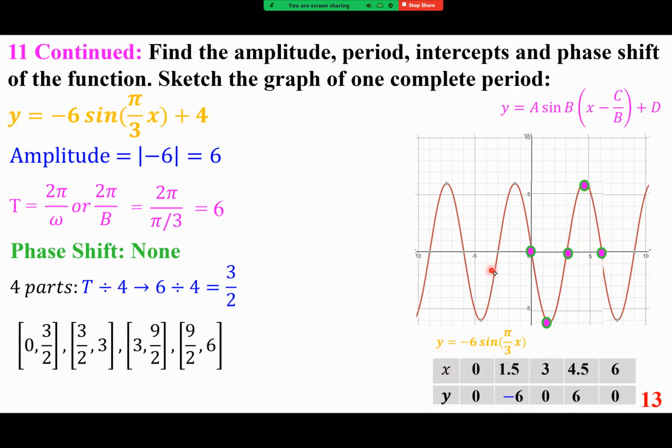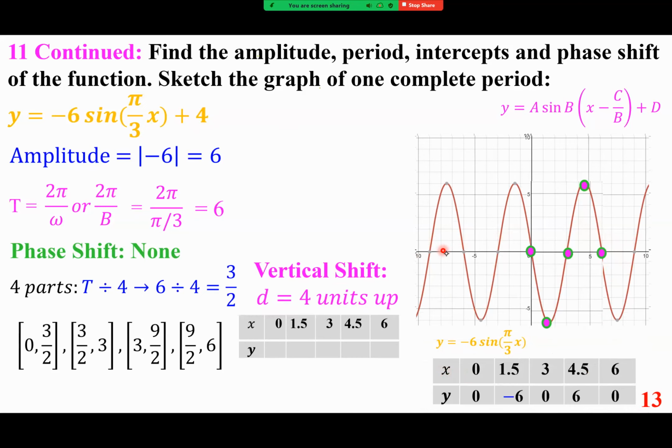Now we're going to shift this up because the vertical shift is 4. All you have to do is write the same numbers here, and to these numbers, add 4. So this becomes 4, this becomes negative 2, 4, 10, and this becomes 4. So we are adding 4.